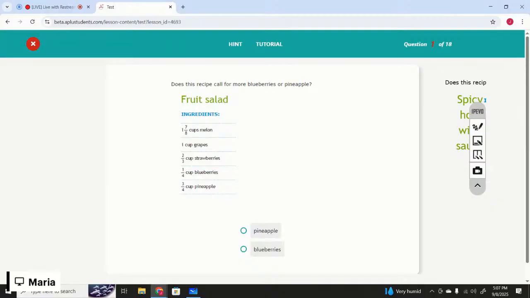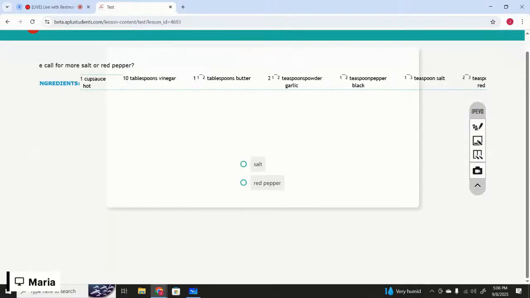Does the recipe call for more blueberries or pineapple? Blueberries are 1/4 and pineapple is 3/4. So pineapple is more than blueberries. The correct option is pineapple because 3/4 is more than 1/4.